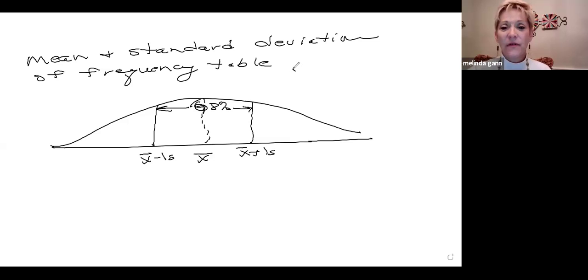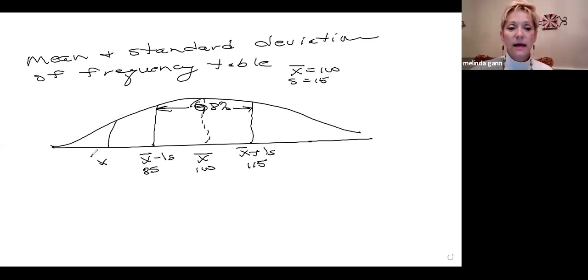And I think the example in the video told you that the average IQ was 100 and the standard deviation was 15. So what that means is if I take that 100 and I add a 15, and I take that 100 and I subtract a 15, that's why 68% of people have an IQ between 85 and 115.